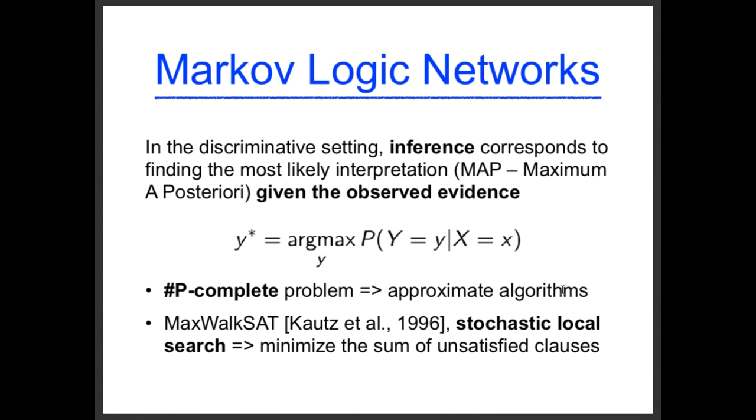Now, clearly this is a very complex problem. The complexity is actually #P, so it is not NP-complete, but #P, and as was also said before, these are complex problems. They have to do with counting, so we have to use approximate algorithms. One example, which is pretty intuitive and simple, so I will briefly describe it, is MaxWalkSAT, which is based on stochastic local search.